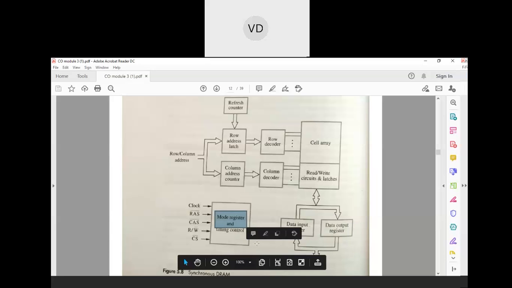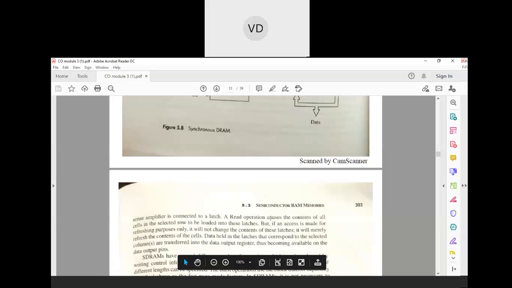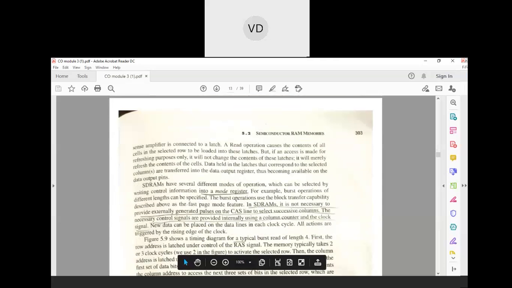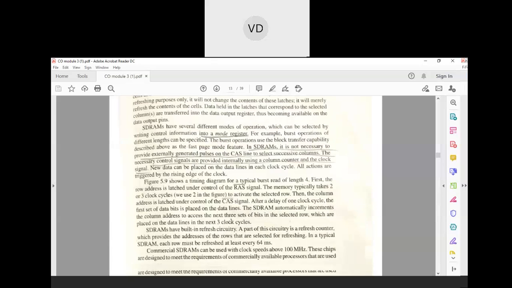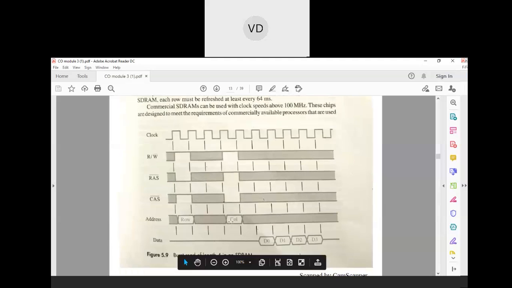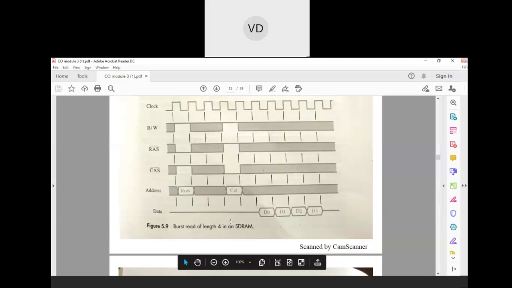So mode register is going to indicate how much you are going to transfer. Burst operations of different length can be specified. We are having variable length of the blocks. So what is the length of that block which we are going to transfer, that we are going to specify in this mode register. So this is how the working of the synchronous dynamic RAMs takes place.